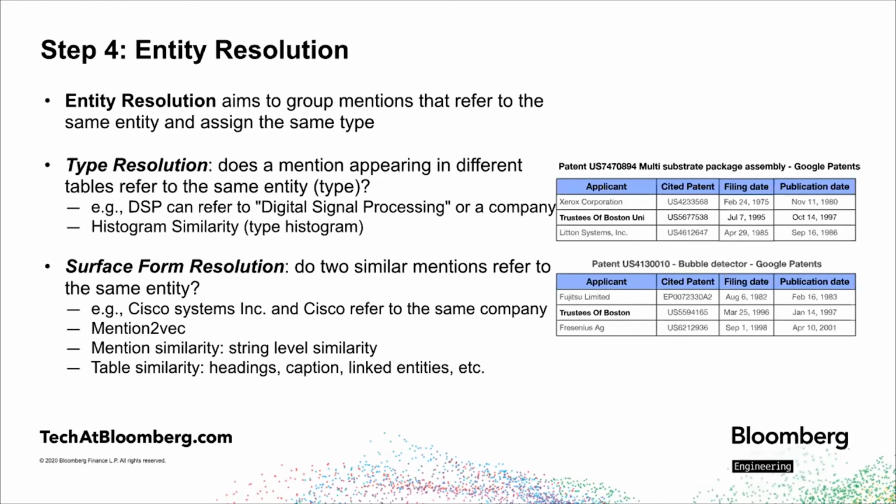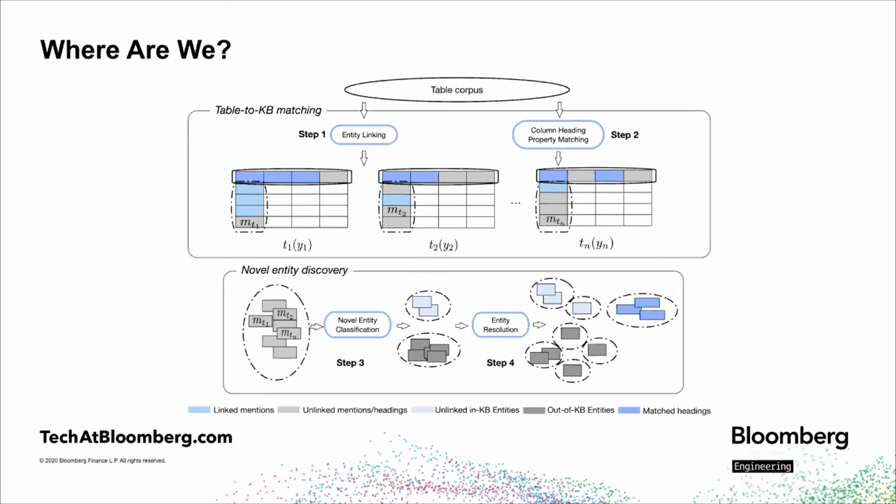And for the entities, if we consider overlap, of course, there is not so much overlap, but by type, all these applicants are organizations, which is very similar. So what we need to do is distinguish, although these two mentions are quite different, we have to distinguish they should be put into different groups. So this is entity resolution.